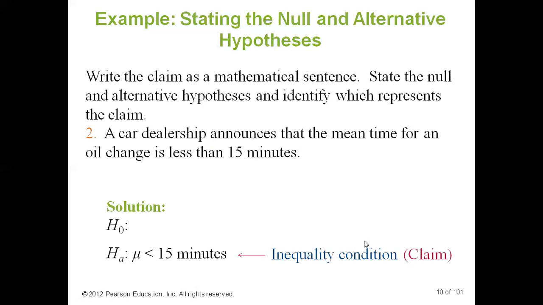So what will be the null hypothesis? The null hypothesis will be the complement of this. The complement of mu less than 15 is mu greater than or equal to 15 minutes.